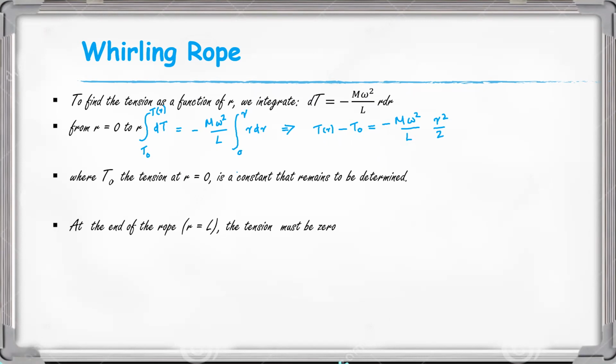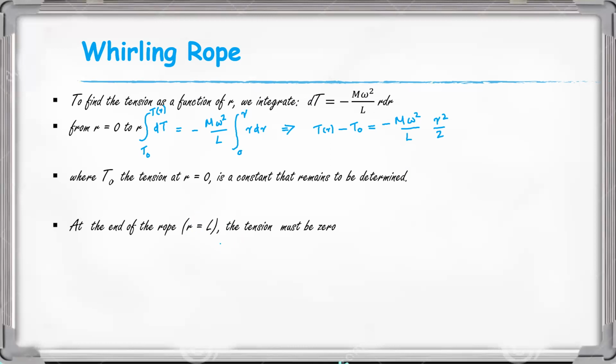For that, we take the condition that r is equal to L. At the end of the rope, we know that the tension is 0.